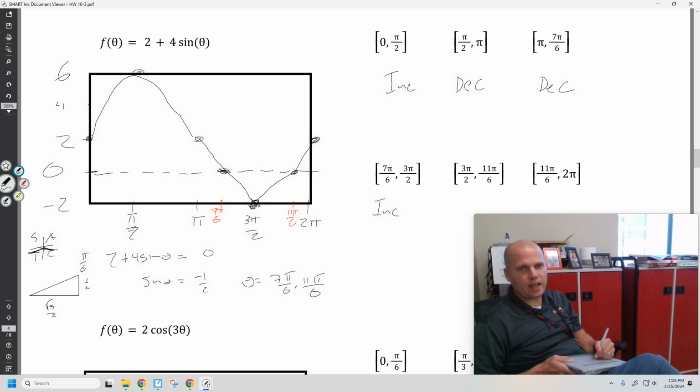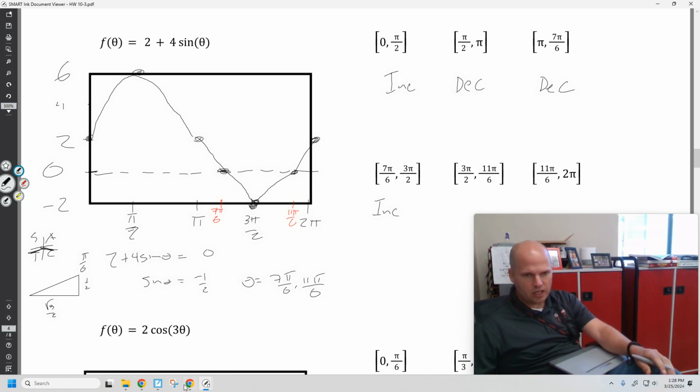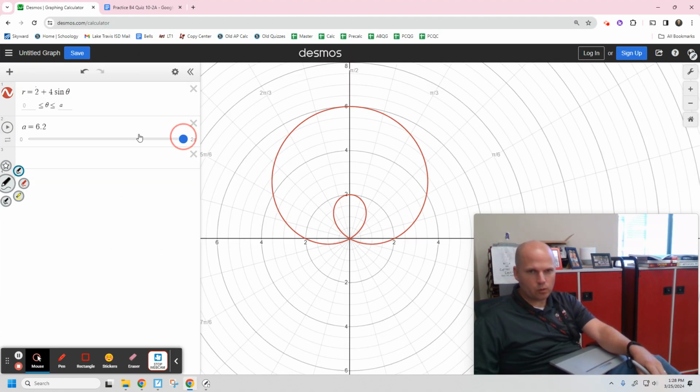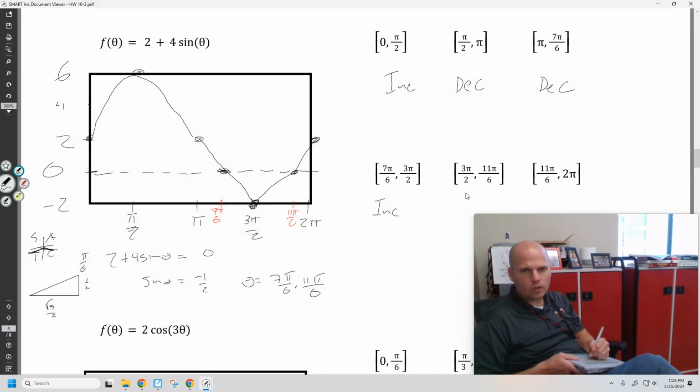We are negative and getting more negative. Here we are negative and getting less negative. We're getting closer to the radius of 0. If you look at the graph, we were going away from the origin and then back towards the origin. So this is decreasing. This is increasing.